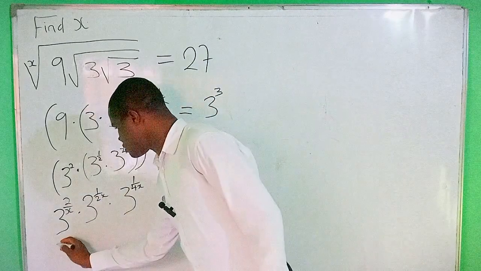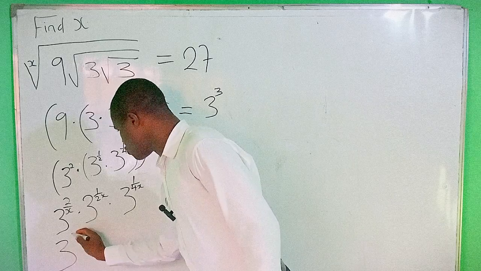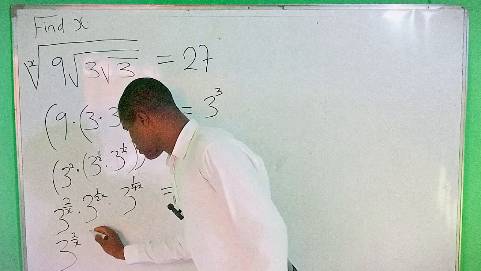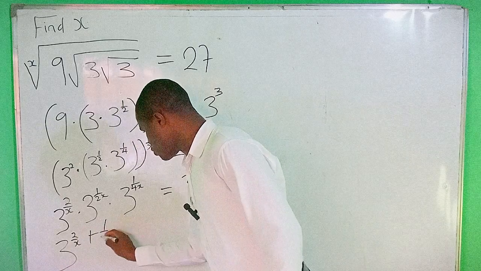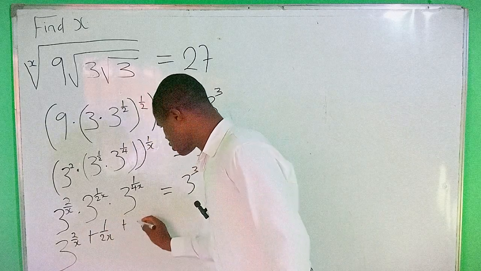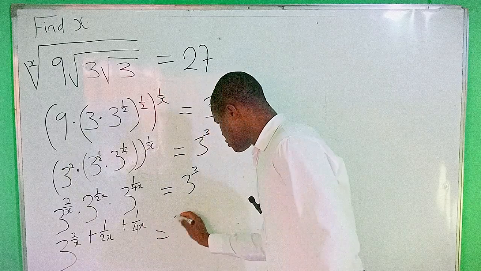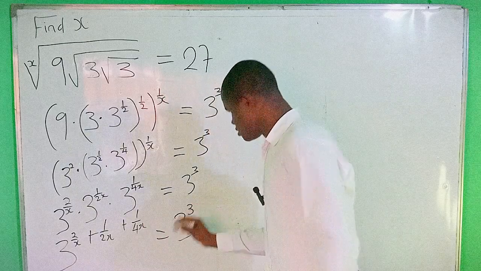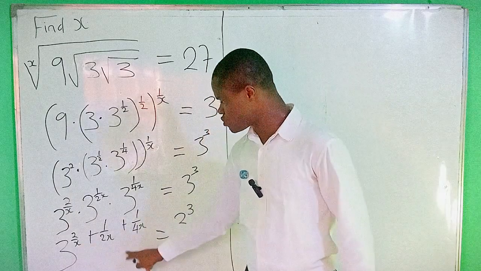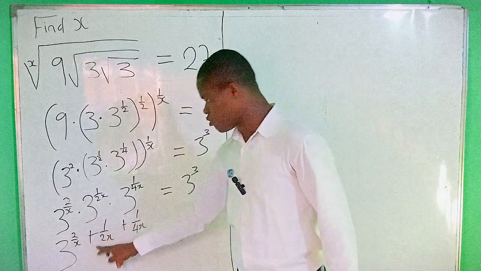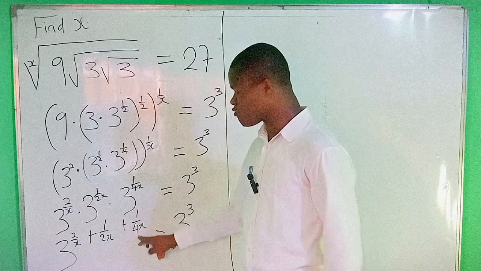So this becomes 3 raised to power 2 over x plus 1 over 2x plus 1 over 4x. This is equal to 3 raised to power 3. So adding up these fractions, this is 2 over x plus 1 over 2x plus 1 over 4x.